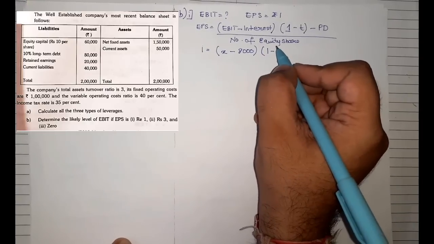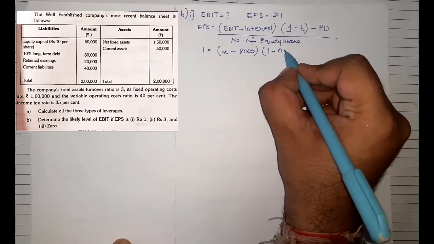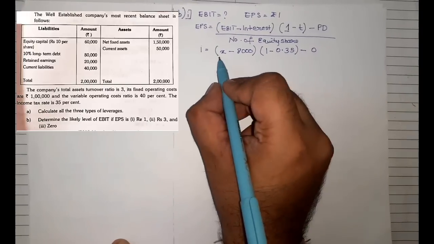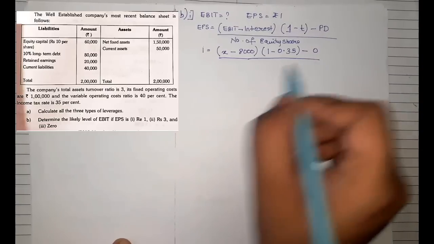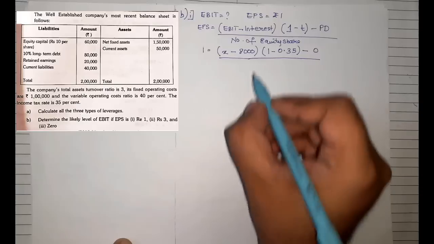1 minus tax rate, given in the question as 35%, so it will be 0.65. Since this sum didn't have any preference shares, there's 0 preference dividend, upon the number of shares. The question gives 60,000 equity shares of 10 each, so the number of shares will be 6,000.